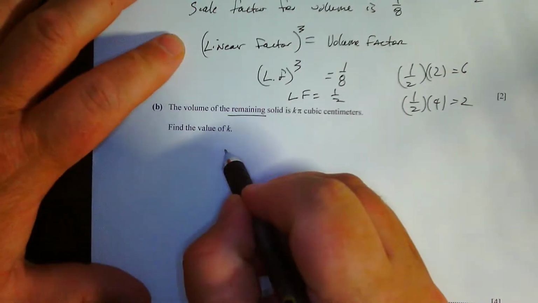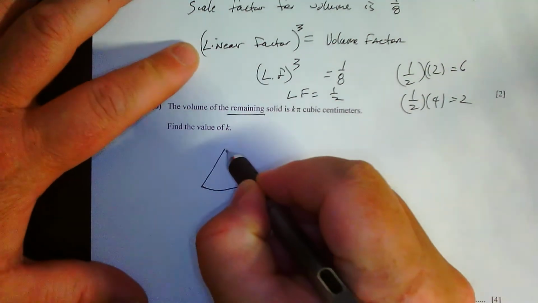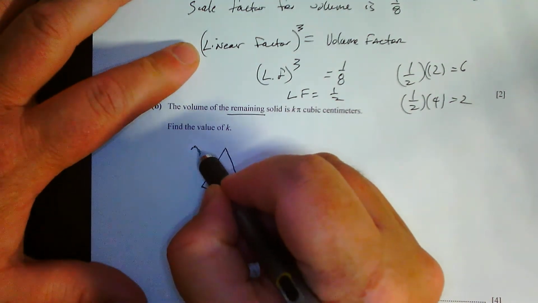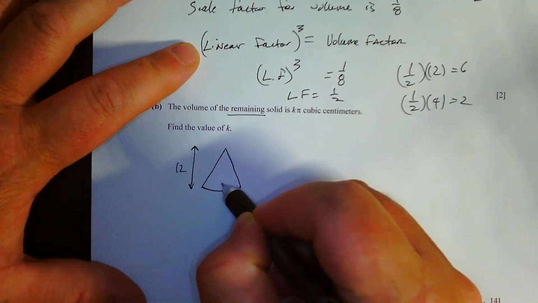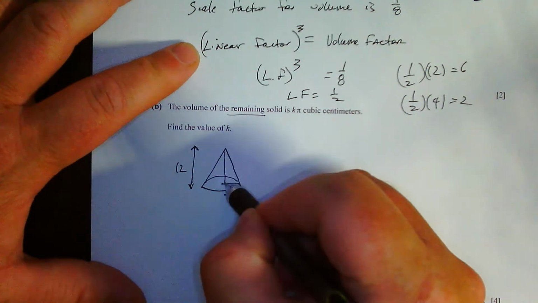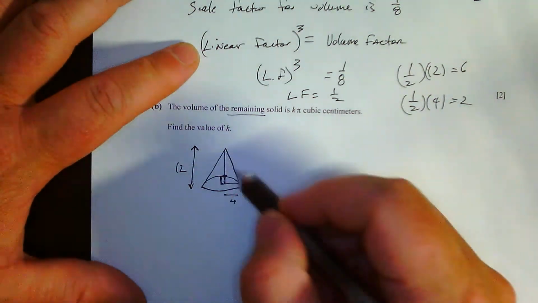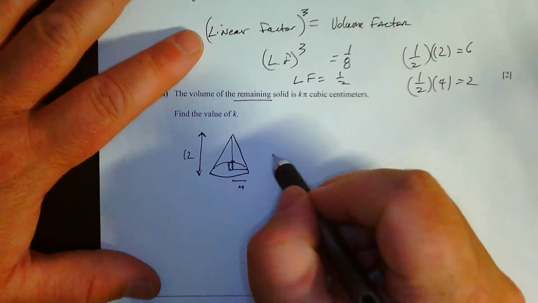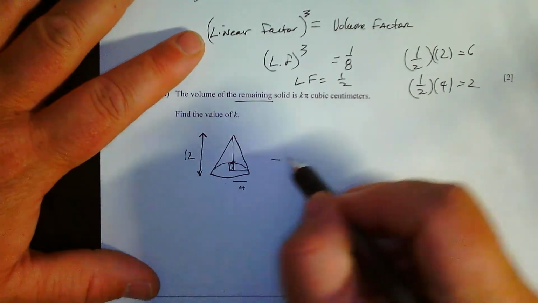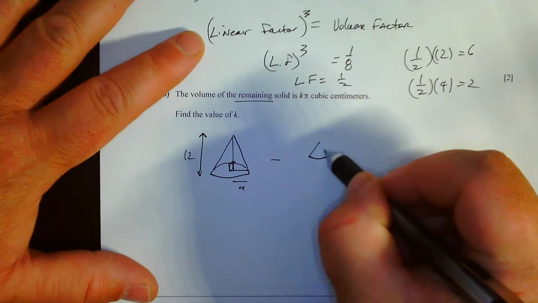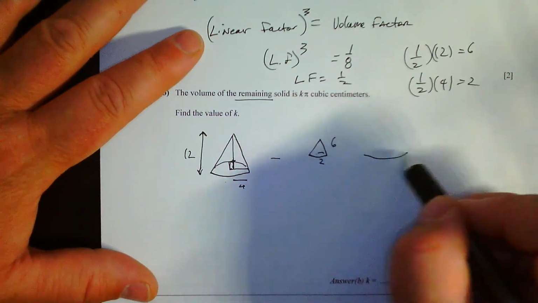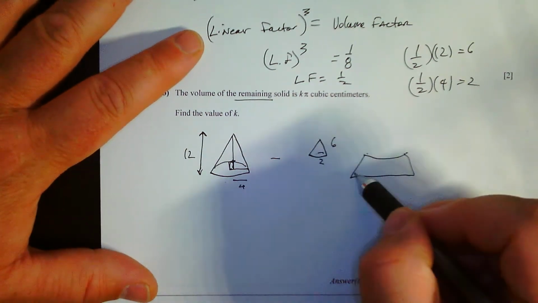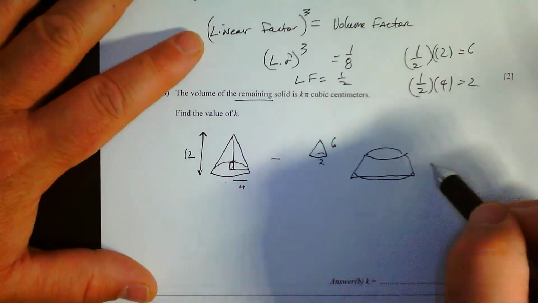So check this out. Picture the diagram. If that's 4, and this is 12, that's the entire thing. And if you subtract 6 and 2, then what you have is your truncated base. So that's a really ugly one right there.